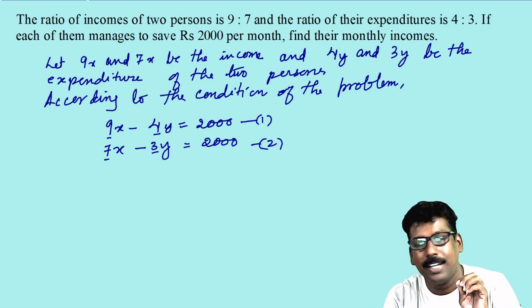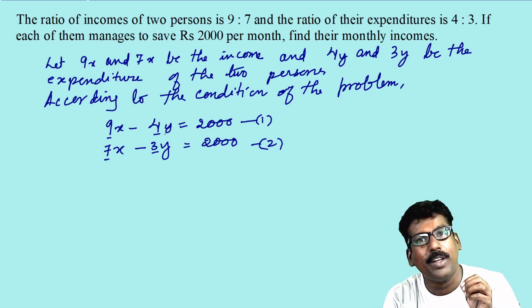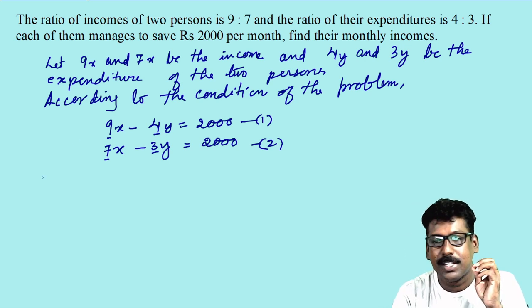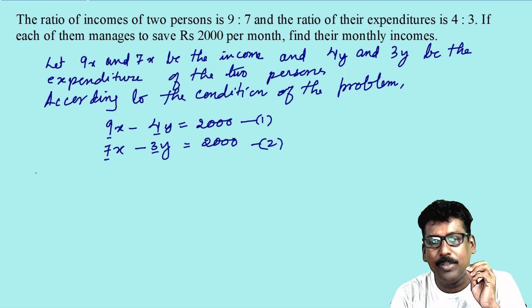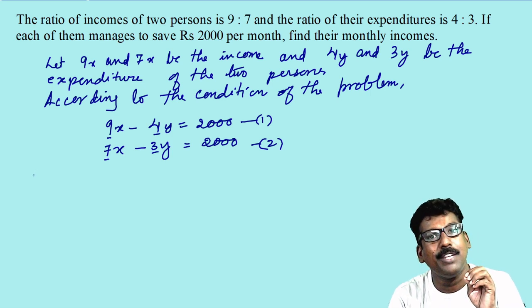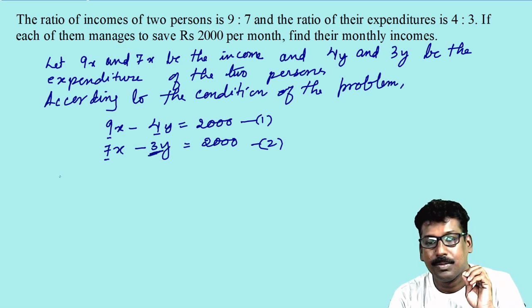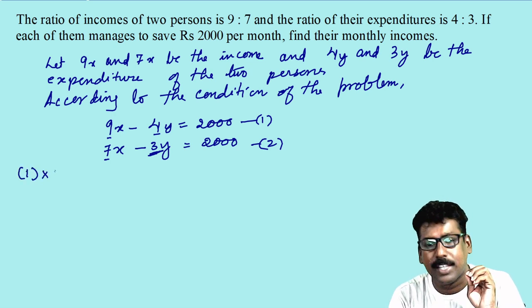Now you already know that by multiplying each term of an equation by any number, the equation remains same. Here the coefficient of the term containing y is smaller than the coefficient of the term containing x. So better we can make the term containing y equal. How? It is very simple. You just multiply equation 1 with the coefficient of y in the second equation, that is 3.